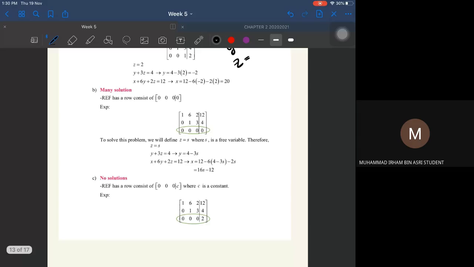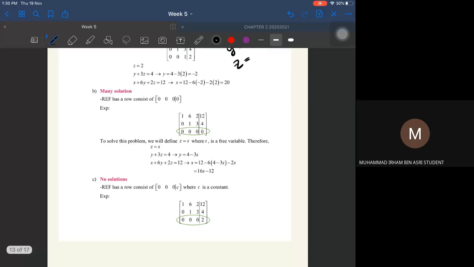Bila you buat ERO proses, okay, macam tadi you buat ERO, cuma cara nak tulis ni lain lah, nanti saya explain itu nanti. Bila you buat ERO proses, and you akan dapat satu row yang semua kosong. So bila ada row yang semua kosong, so you akan dapat many solution.